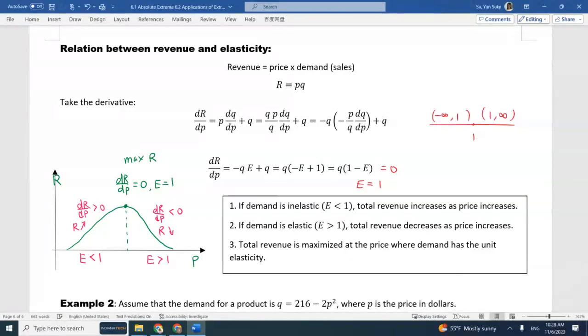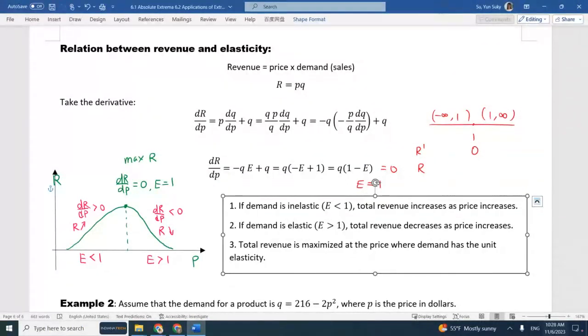Okay, let's do this. We have R prime and R. So when we plug in E equals 1, we get R prime is 0, right, everybody? And if E is less than 1, you can pick E to be, for example, 0.